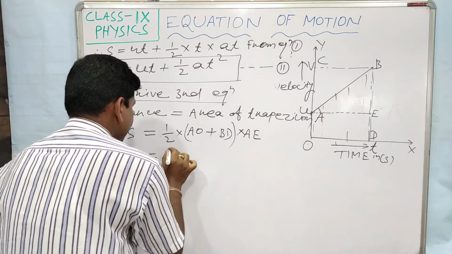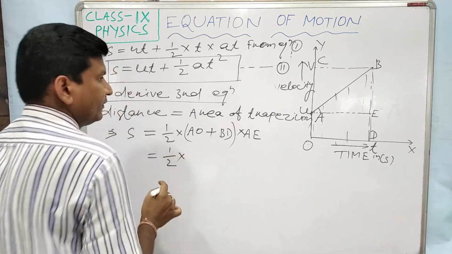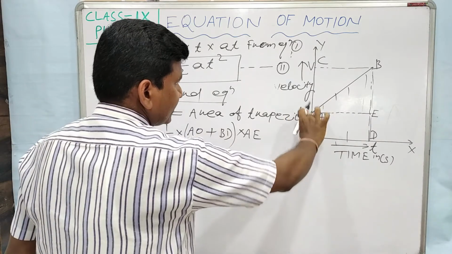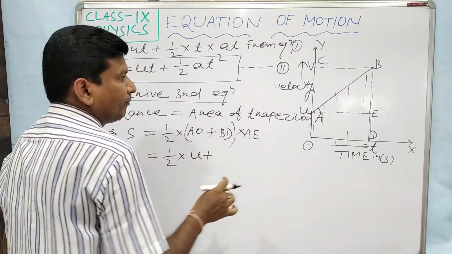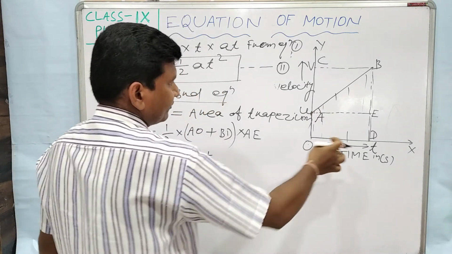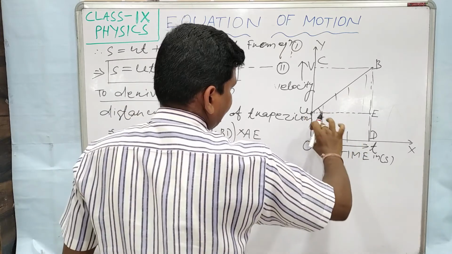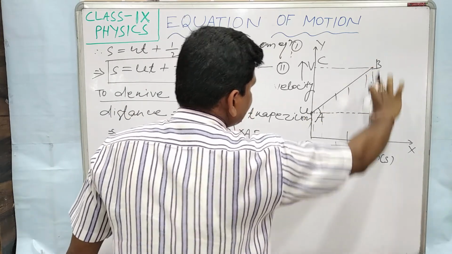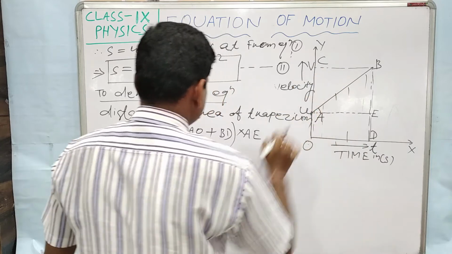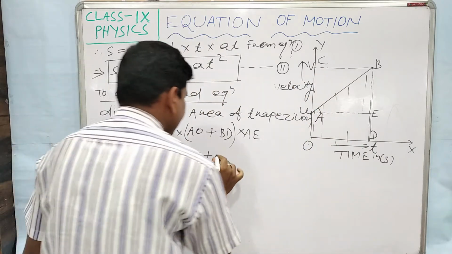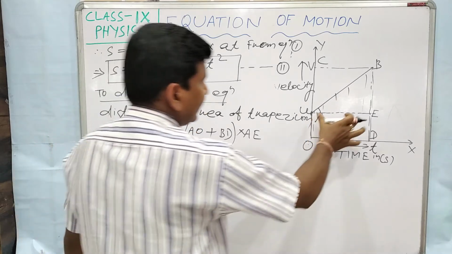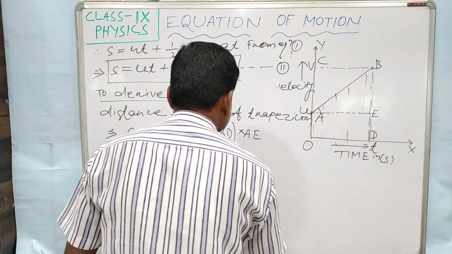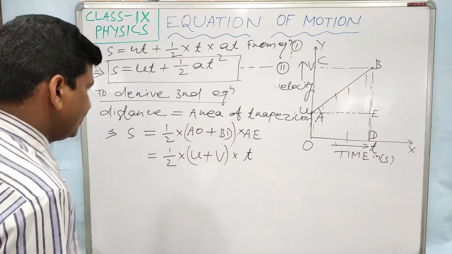So that is equal to half into AO. AO is how much? U minus 0, that means U, plus BD. Which is BD now? Just see, this is AO, this is your BD. So BD means V minus 0, so V, into AE. AE means T. Got it?